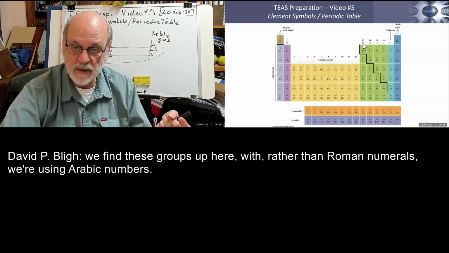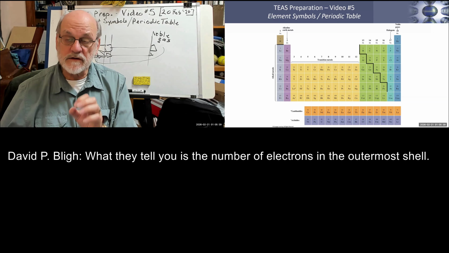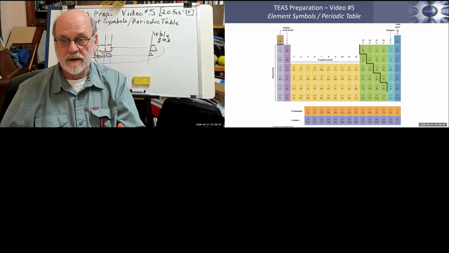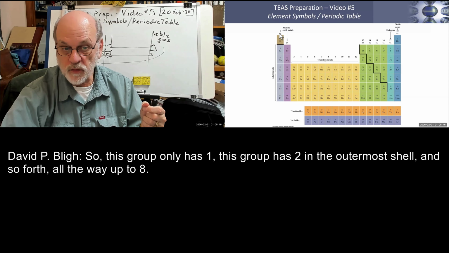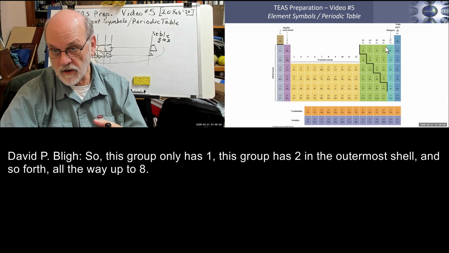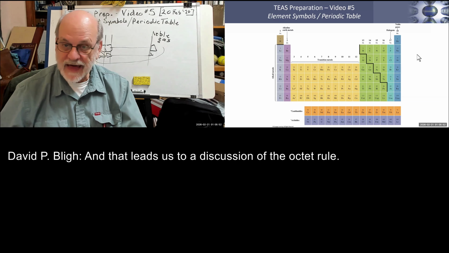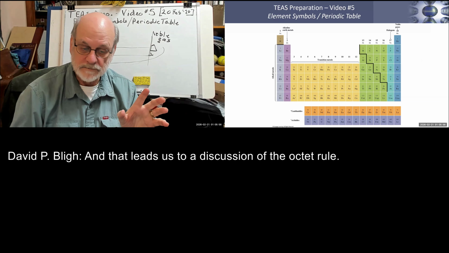What they tell you is the number of electrons in the outermost shell of that element. So this group only has one, this group has two in the outermost shell, and so forth, all the way up to 8.